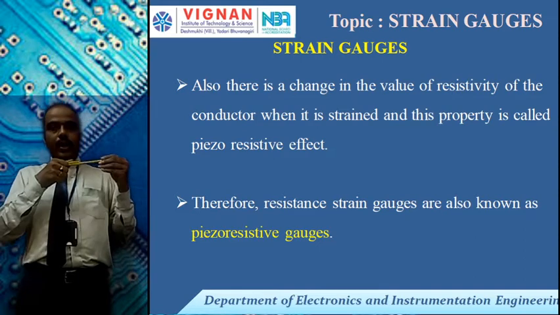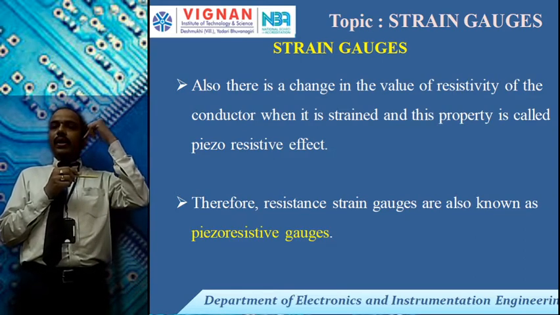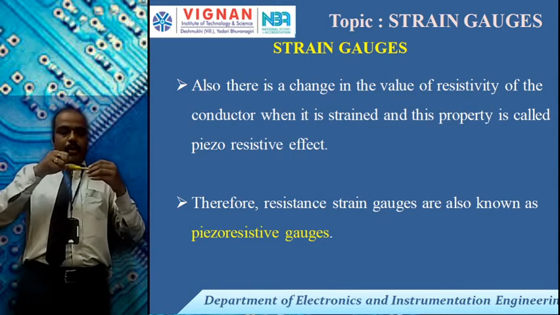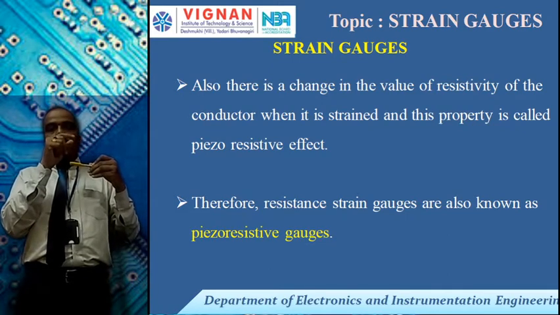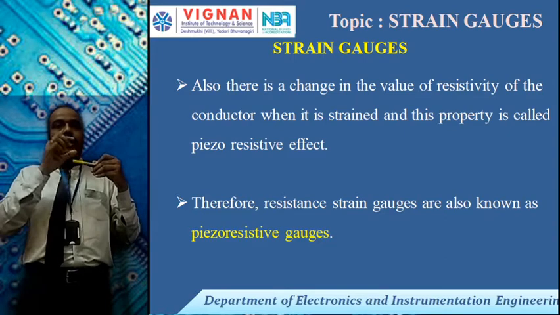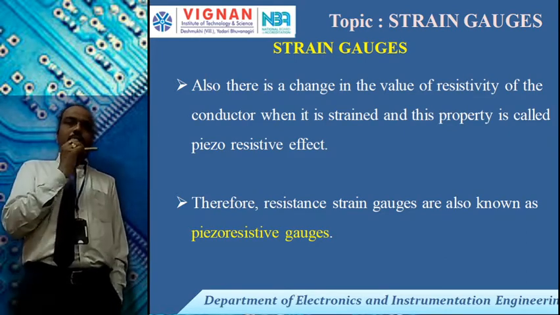As the length increases, resistance also increases. And as the diameter decreases, which is inversely proportional in R equal to rho L by A, the cross sectional area changes, so that also changes the resistance.